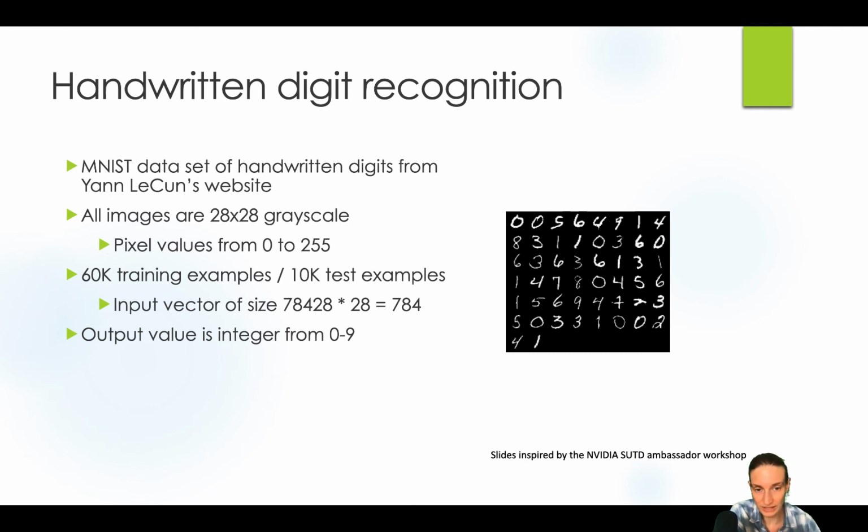So there are 10 classes, 0 to 9. Yann LeCun used this dataset to create his LeNet 5. The images are very small, 28 by 28, and they are grayscale, meaning they have a pixel value from 0 to 255.